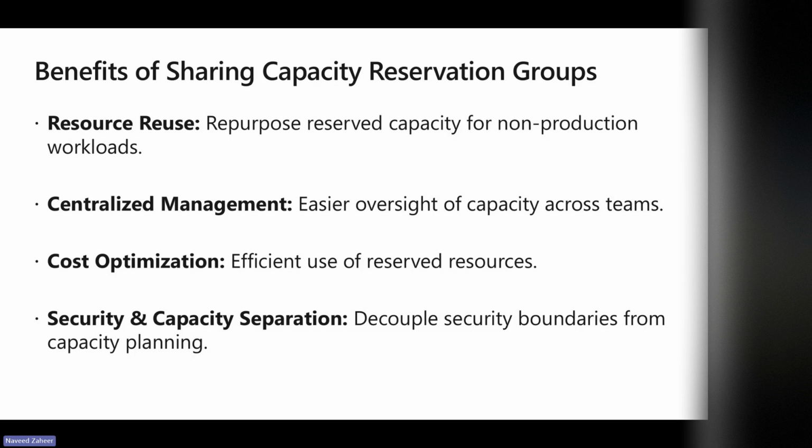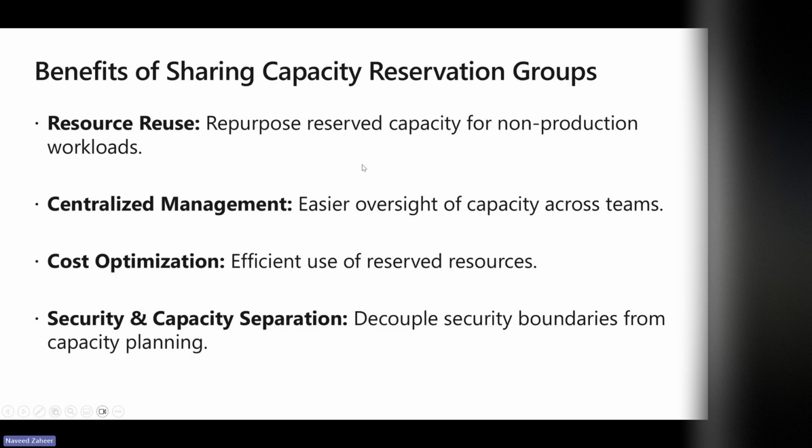And finally, since you have control over the capacity, you can have better security controls over it and separate out using the capacity from how you secure that capacity reservation. So, separation of concerns.